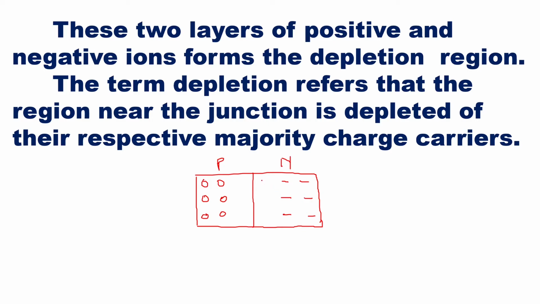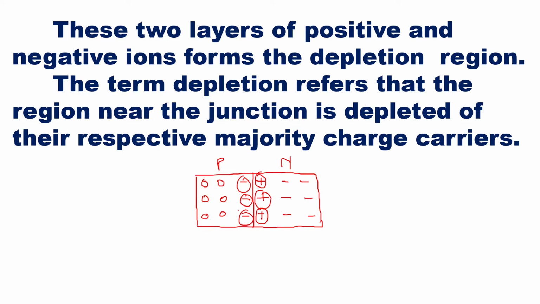So in n-type semiconductor we will get positive ions, that is, if electrons are negative then you will get positive ions here, and in p-type, where holes are positive charge carriers, we will get negative ions here. These positive and negative ions are immobile, they are not going to move.